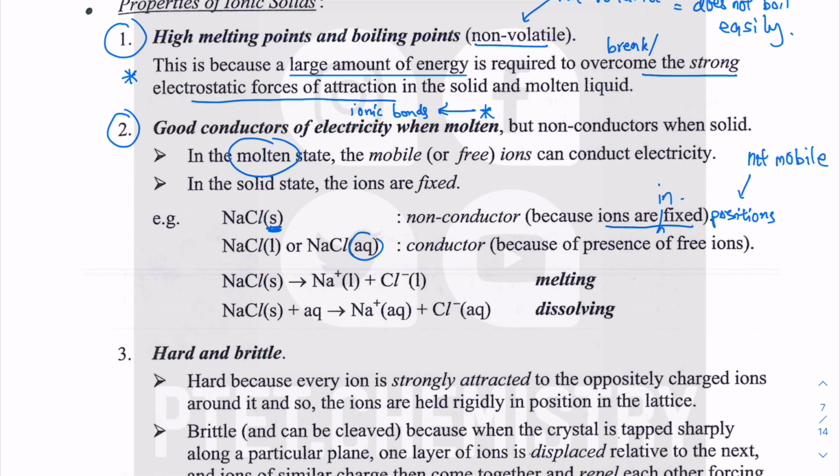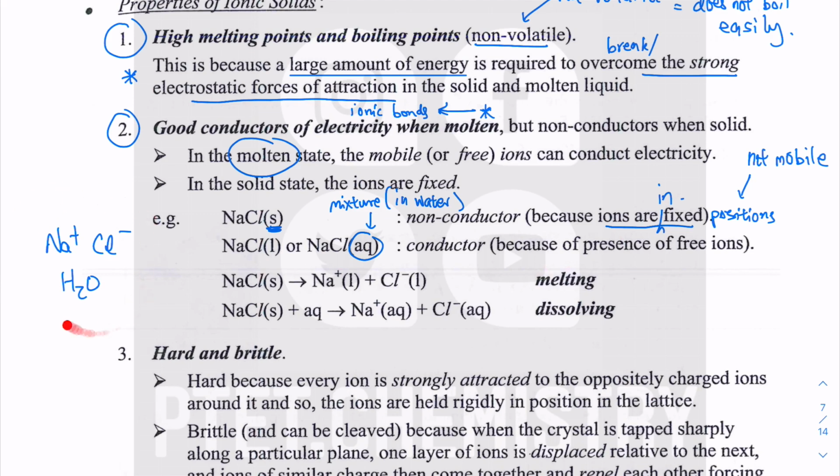How about aqueous? Aqueous is not solid, it's not liquid, it's a mixture, because aqueous means in water. So you have Na and Cl in water. What you have then is Na+, Cl-, and you have H2O molecules. You have ions, you have molecules.